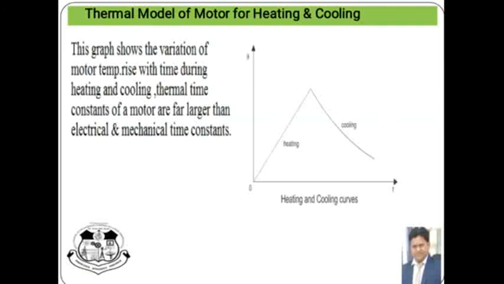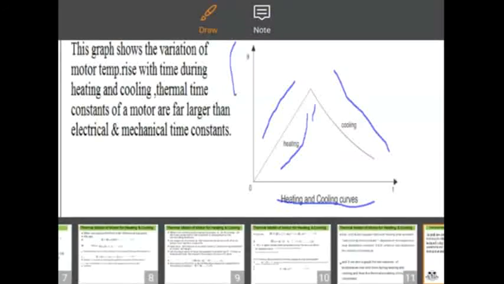In this graph, plotted between θ and time, the first curve is the heating graph and the other is the cooling graph. First, the temperature of the motor increases gradually, and after some time when it is cooled, the temperature decreases.